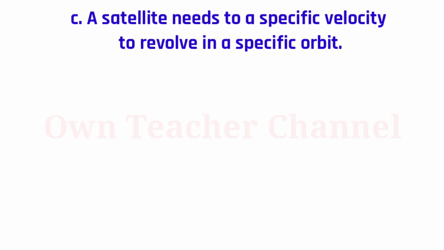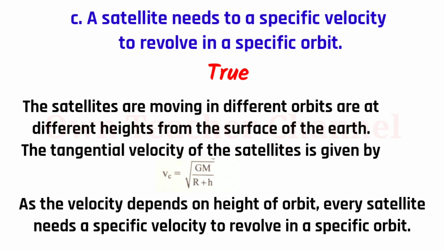A satellite needs a specific velocity to revolve in a specific orbit. True. The satellites moving in different orbits are at different heights from the surface of the Earth.